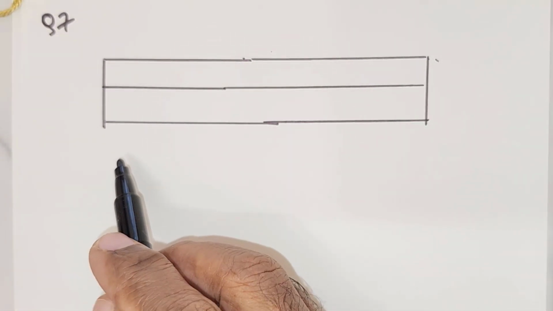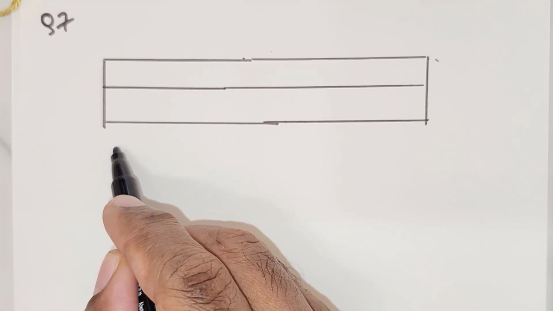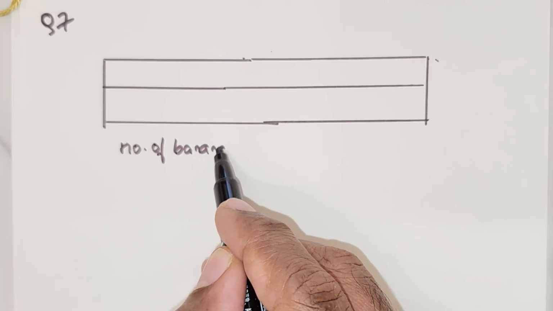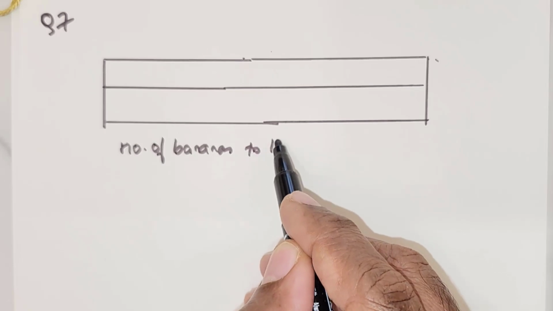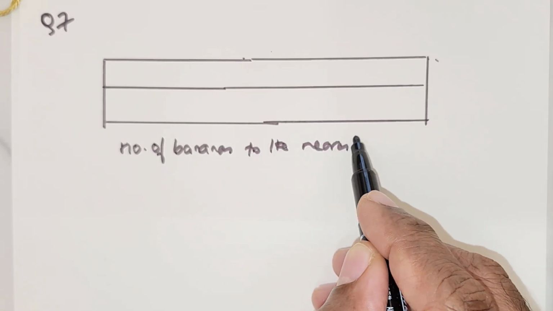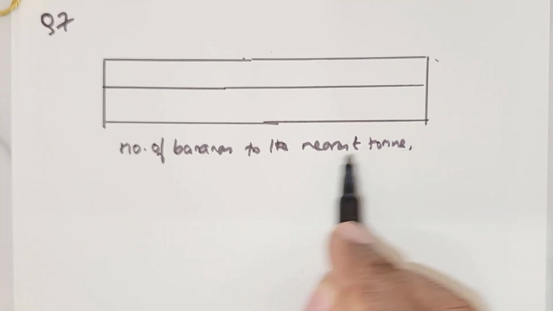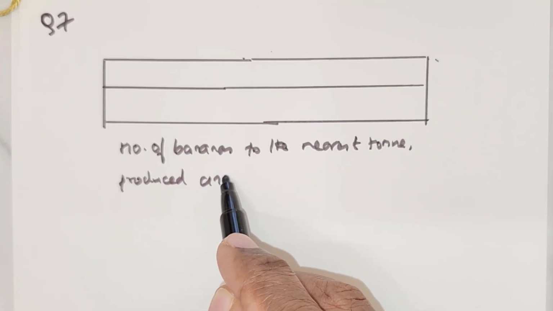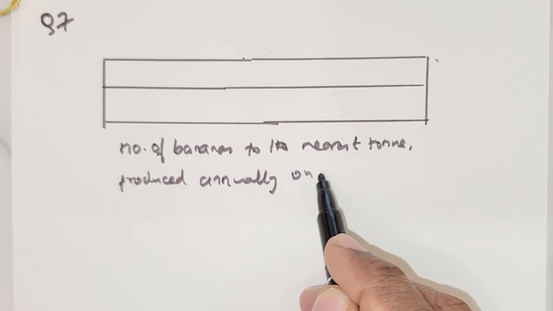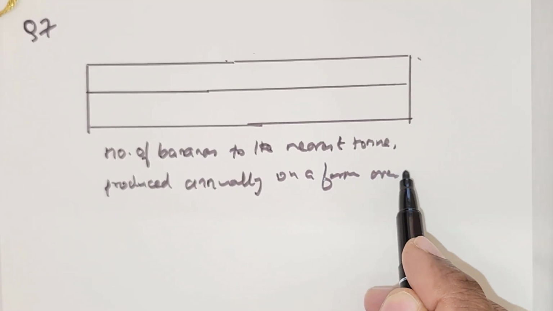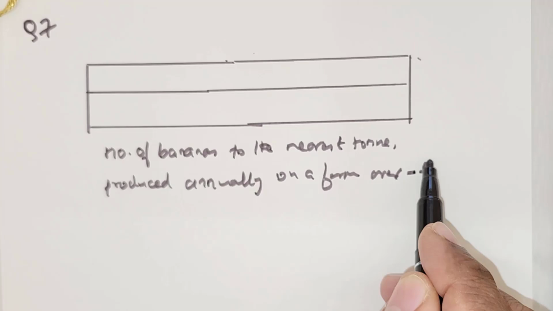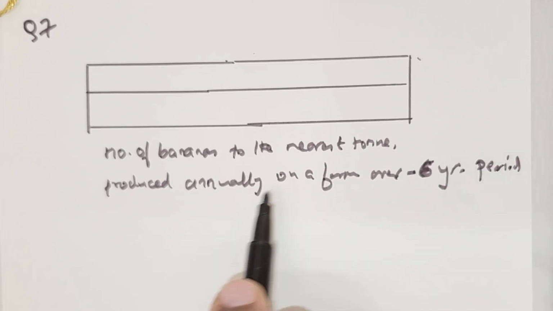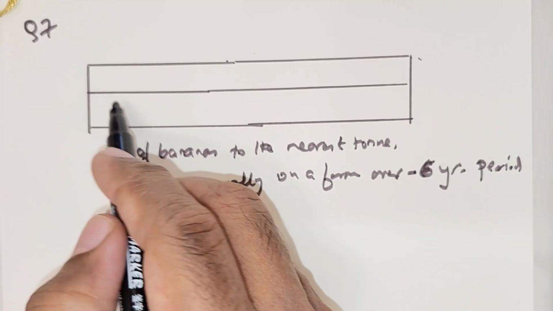Okay, so we are being given what is called the number of bananas, to the nearest ton, produced annually on a farm over a 6 years period. Okay, so this is the data that is being given.